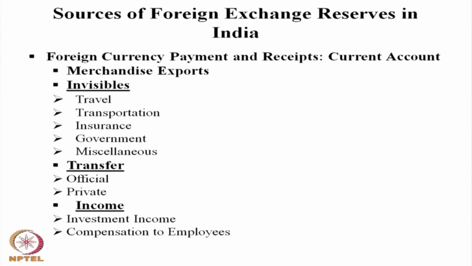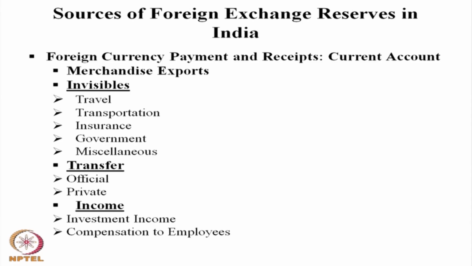We have discussed in our earlier session that a country's balance of payment has two parts. One part is called the current account, another part is called the capital account. In the current account, the day to day transactions of foreign exchange take place. In the capital account, long term movements of foreign exchange take place.